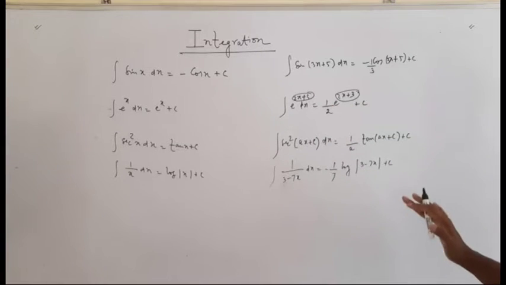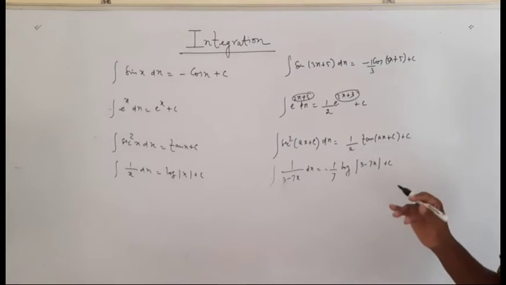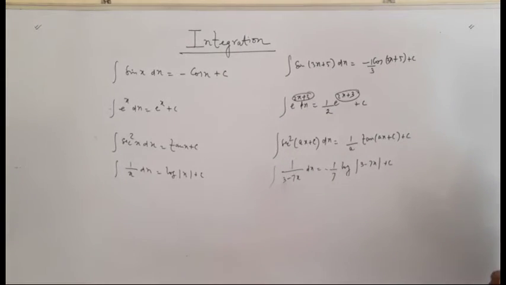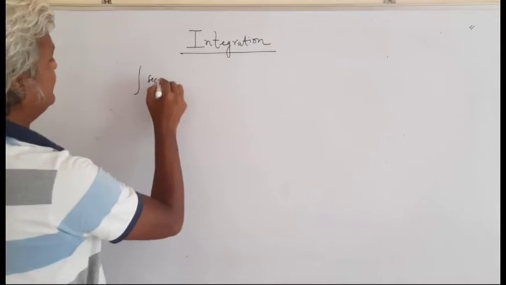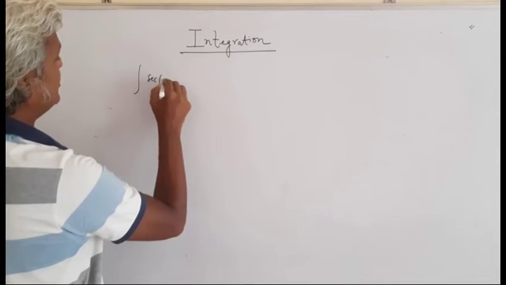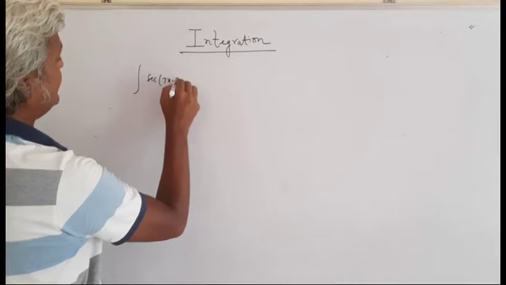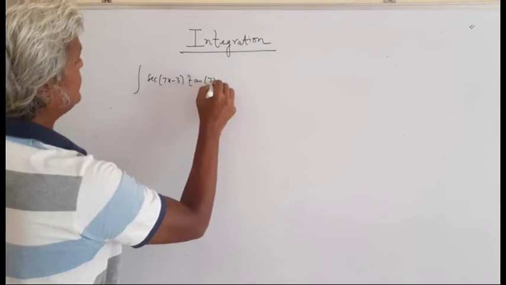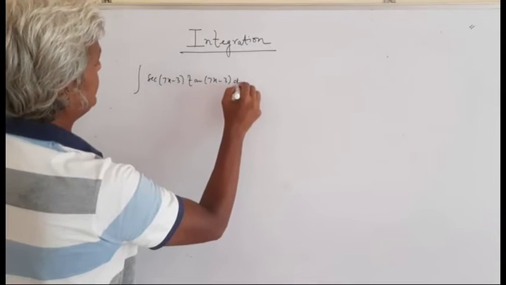But keep in your head that this is just a method of substitution, we are just trying to do it directly. So one final time I will show how this is a method of substitution. Suppose I have a question: integration of 7 sec 7x minus 3 tan 7x minus 3 dx.